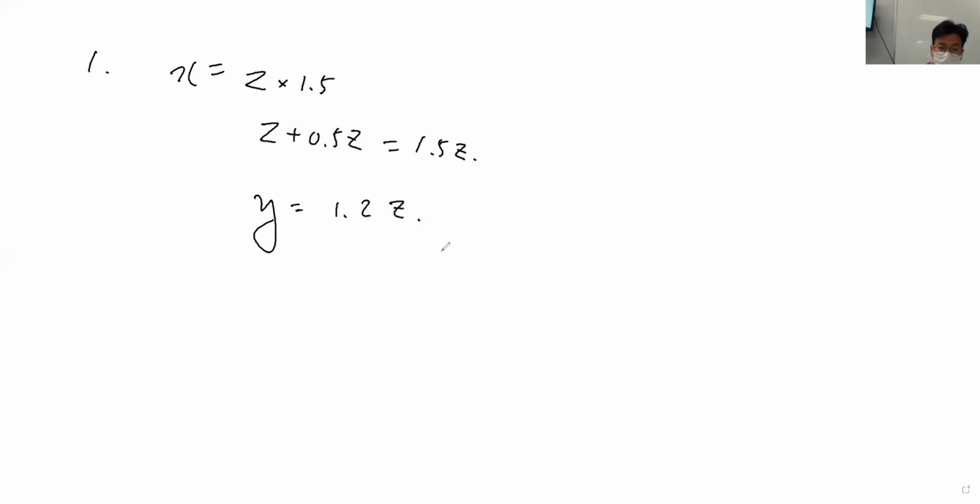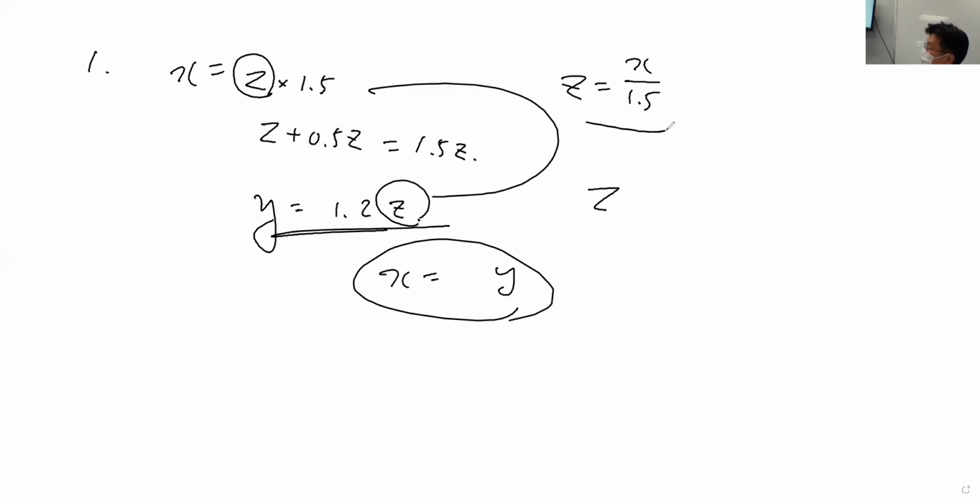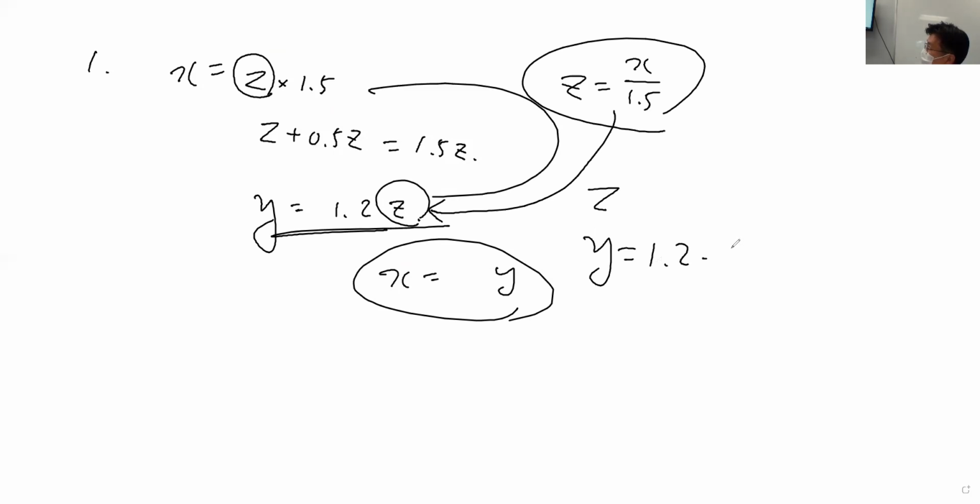And then the x and y relationship now. Something that we can associate with is the z's here. So z equals x over 1.5, and you can plug this one into here. So y equals 1.2 times x over 1.5.